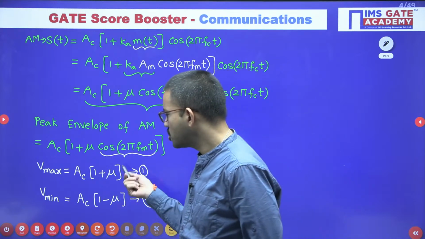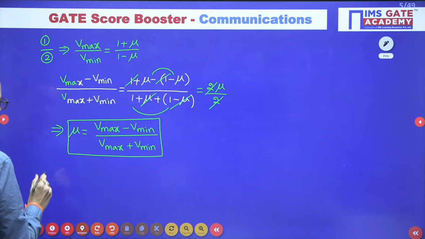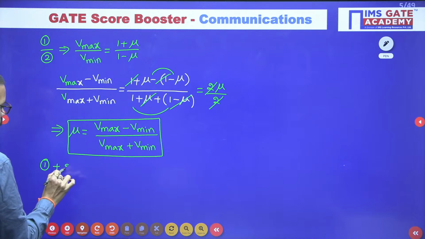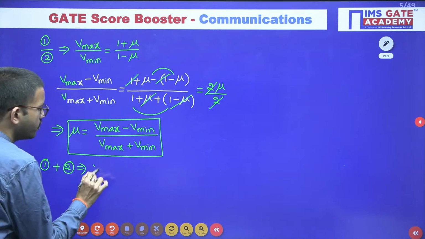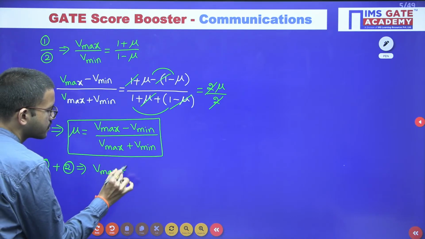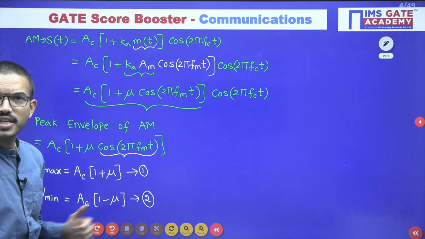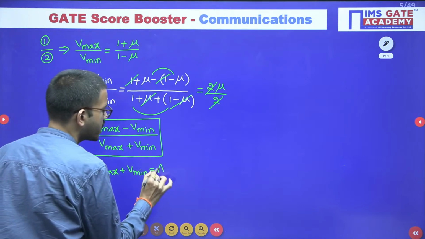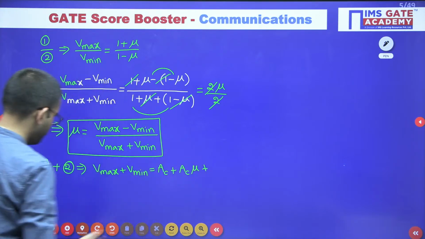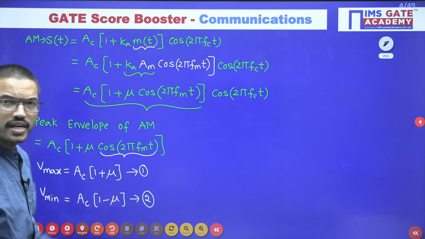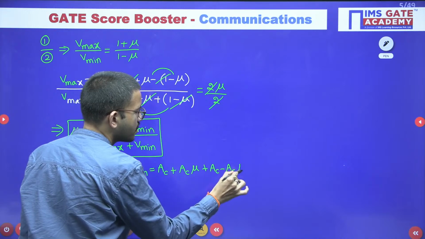Just perform the addition of equations 1 and 2. What are you going to get? On the left hand side, the addition of Vmax and Vmin. On the right hand side, AC into (1 plus mu), so AC plus AC mu, plus Vmin is AC into (1 minus mu), which expands to AC minus AC mu.